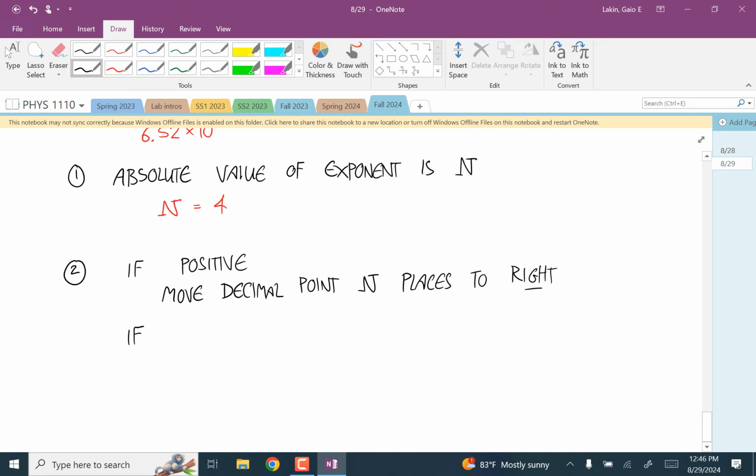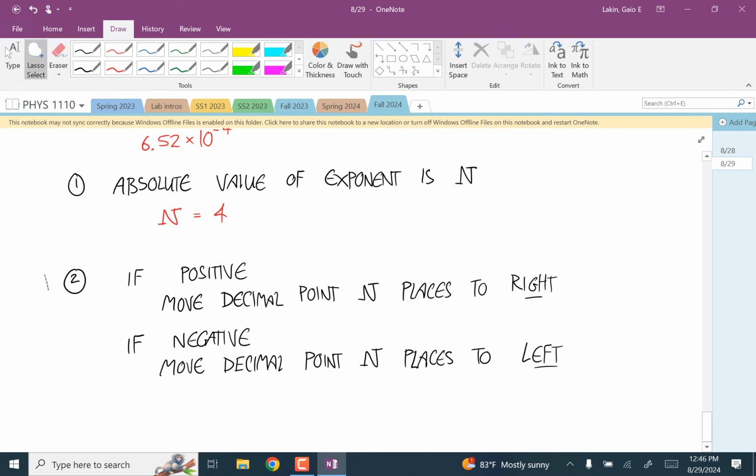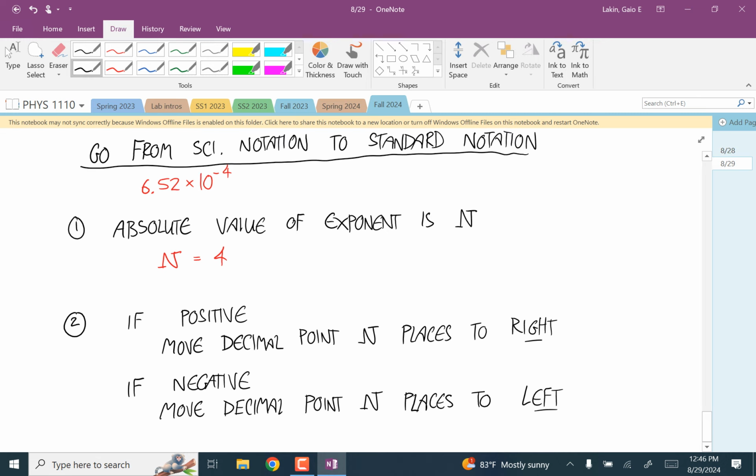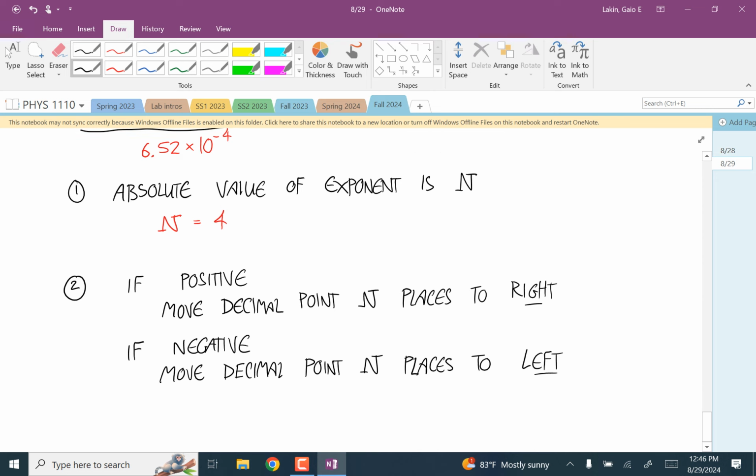And if the exponent is negative, move the decimal point n places to the left. So in our example, we know we're going to move the decimal point 4 places. The exponent was negative, so we're going to move it 4 places to the left.